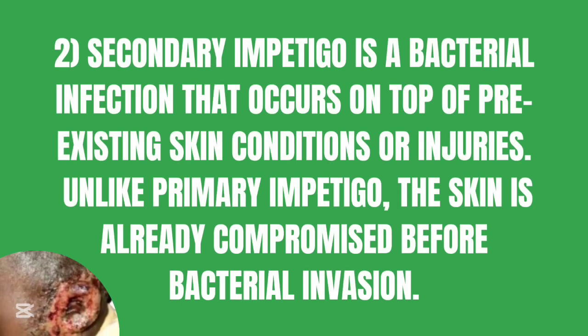So the next clinical form of impetigo we'll be looking at is secondary impetigo. Now, it's a type of impetigo that occurs on top of pre-existing skin conditions or injury. Unlike primary impetigo, the skin is already compromised before bacterial invasion.